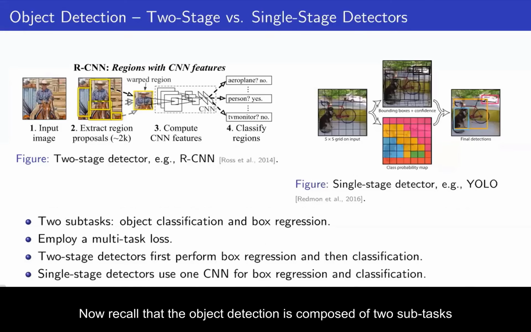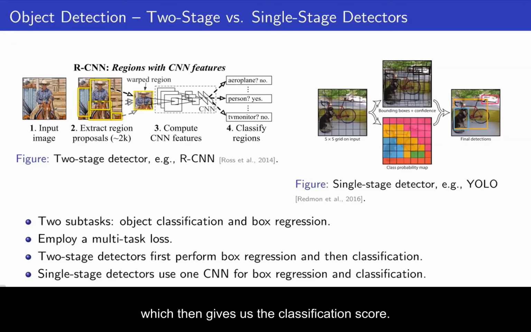Now recall that object detection is composed of two subtasks, bounding box regression and object classification. This is similar to what we had in the classification networks, where you first feed the image into a convolutional neural network, and then you have a set of fully connected layers in the end, which gives us the classification score.